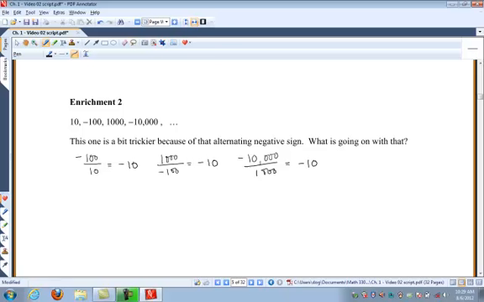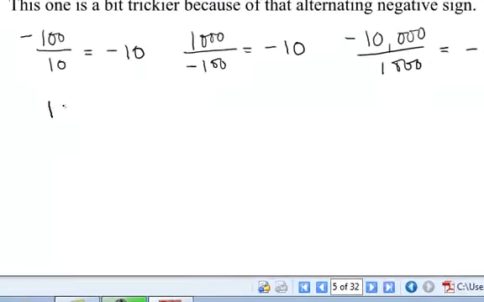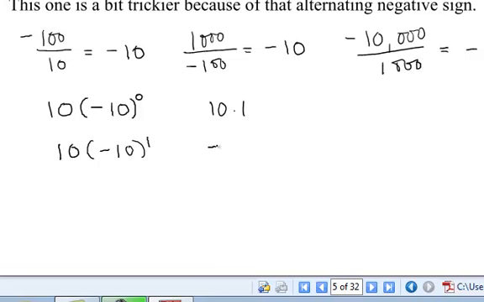Let's look at this. So we want to say r equals negative 10. So here is 10. Now notice I'm being very careful with my parentheses. 10 times negative 10 to the 0 is 10. And here is 10 times negative 10 to the 1 equals negative 100.